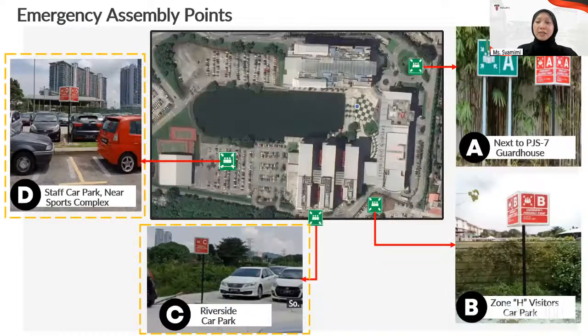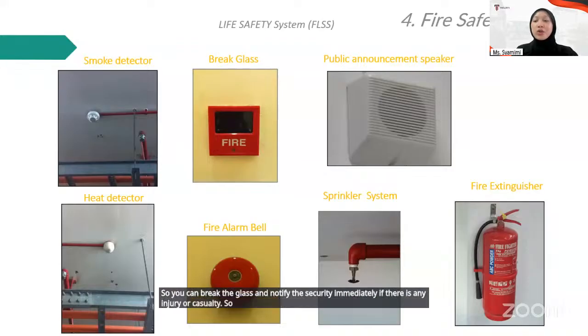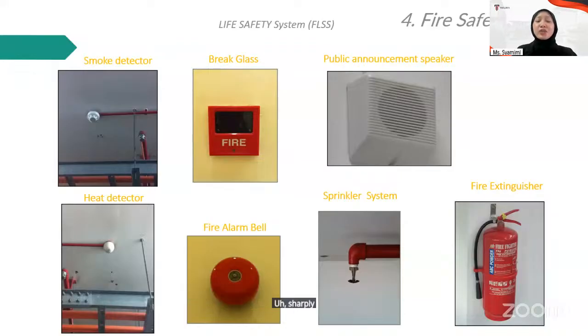Parents, if you happen to be on our campus in the event of fire, you can break the glass and notify the security immediately if there is any injury or casualty. I will share the security control room number shortly. You can then evacuate calmly to the nearest designated assembly point.